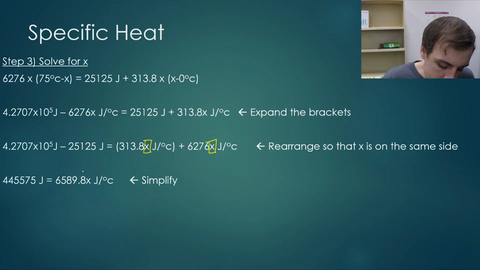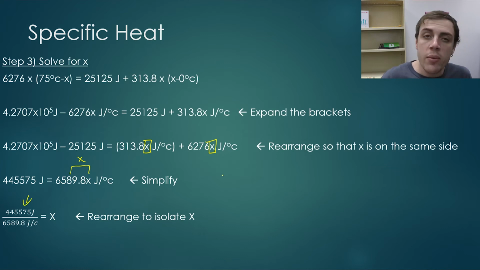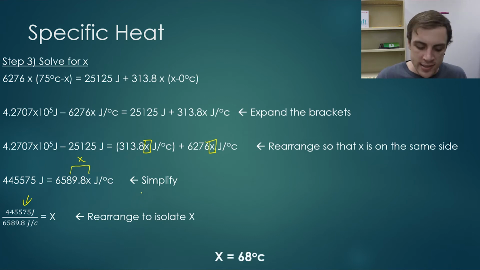The relationship between our number and X here is a multiply, so by simplifying, it turns into a divide, which is what we see here. So we rearrange this to get X by itself. We do 445575 divided by 6,589.8, and we get 68 degrees Celsius.